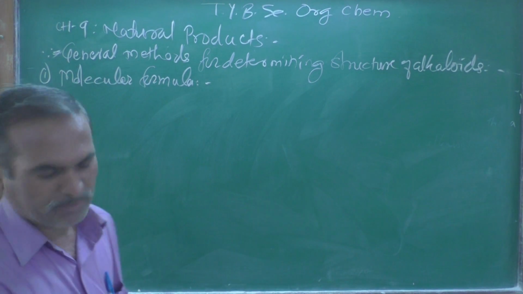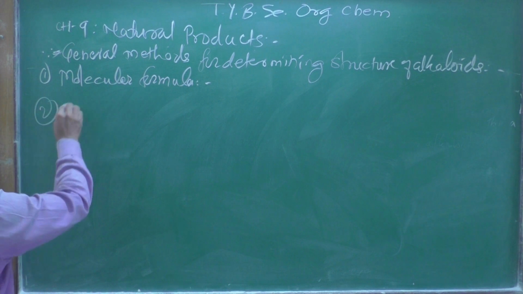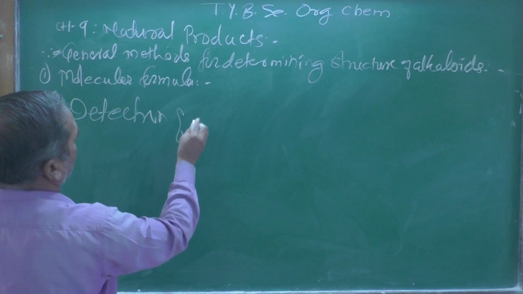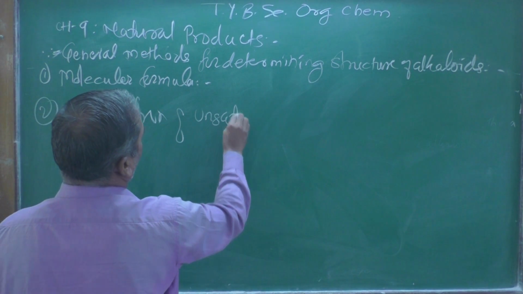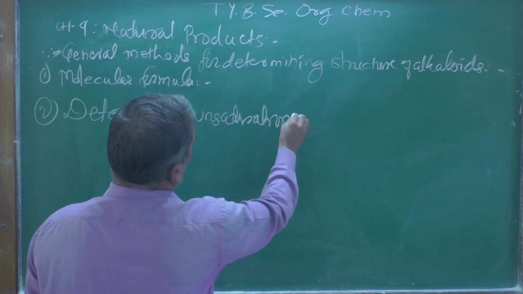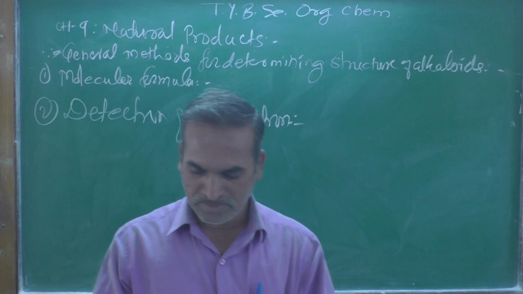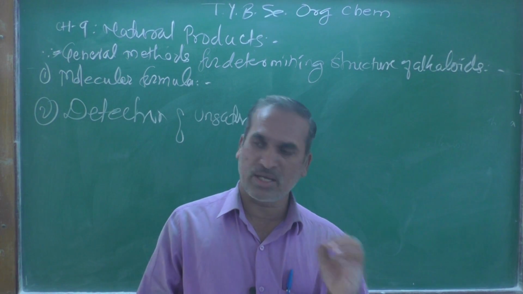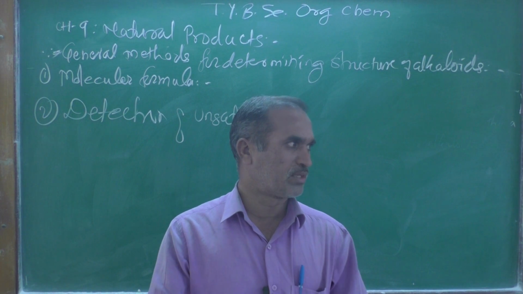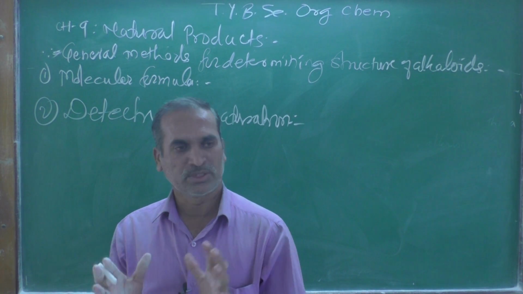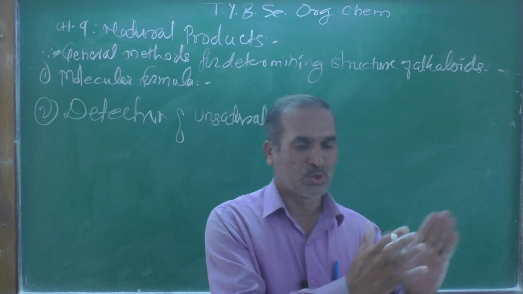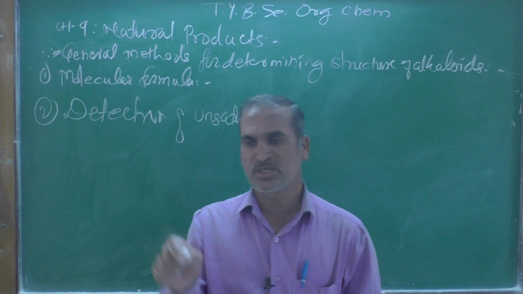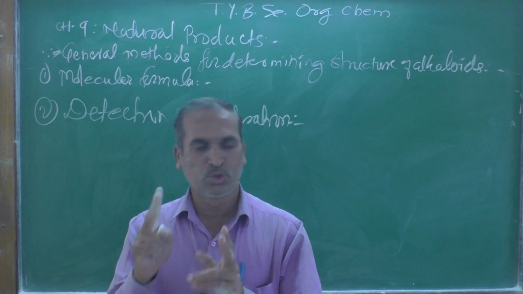Now point number 2. What is point number 2? Detection of unsaturation. As we know, generally we use two well-known methods: one is bromination and another one is hydrogenation.